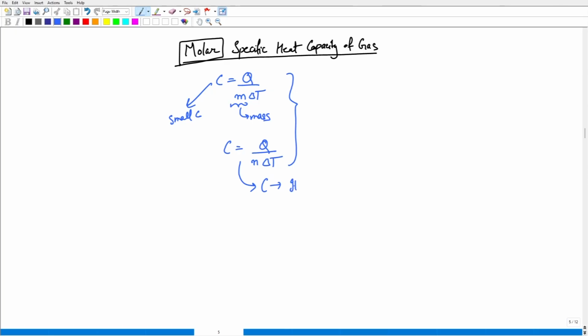It is the heat required to raise the temperature of 1 mole of gas by 1 degree centigrade.